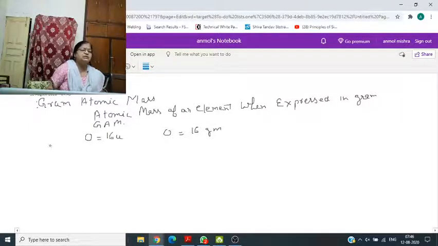The next topic is molecular mass. Molecular mass is the total mass of the individual atoms present in one formula unit.